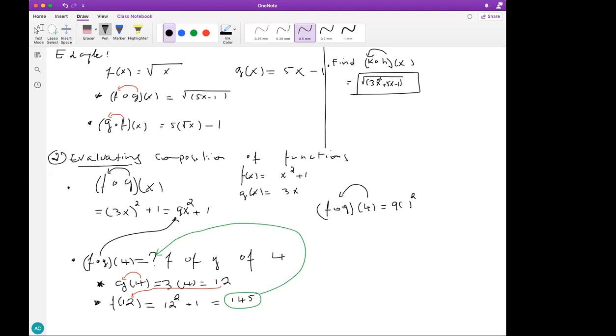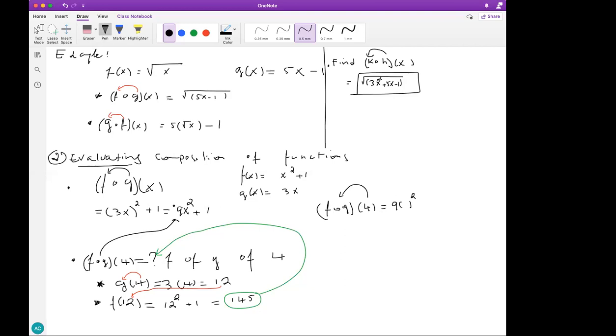What goes inside the parentheses? What do we put inside the parentheses? 3? Nope. 4 into the composition. Here is the composition. So what goes here? 3, right? No. Not 3. It's 4. There's 4 into the composition.